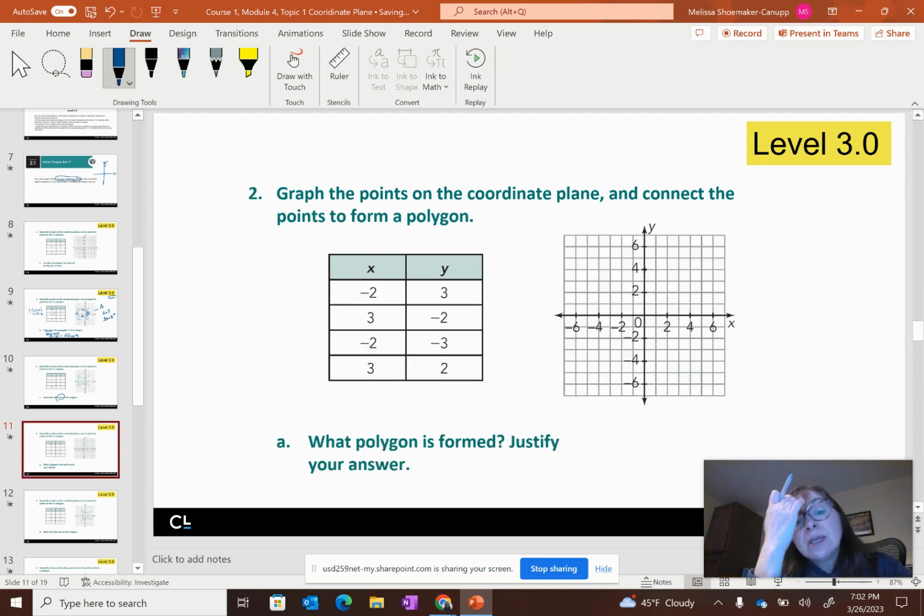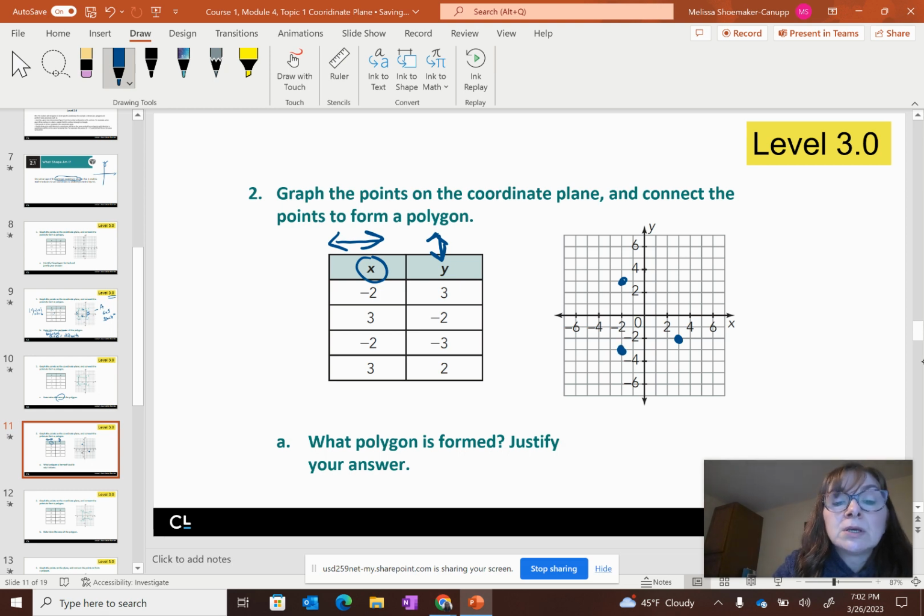Next one. Here's where we have to plot the points. (-2, 3). Remember, the x is the left and right. The y is the up and down. (3, -2), (-2, -3), (3, 2).